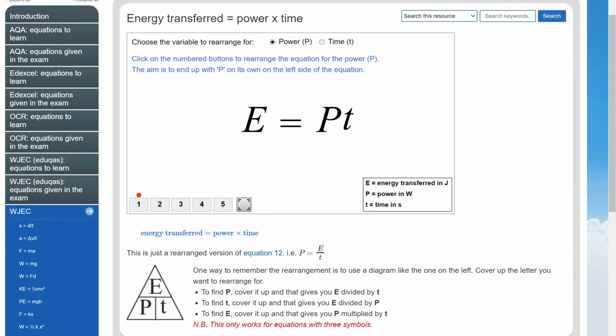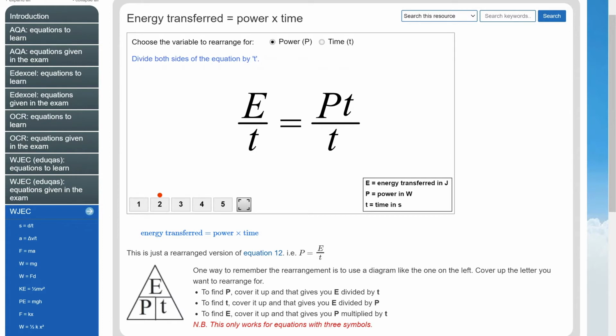Bottom left, you see that triangle method, and it says one way to remember the arrangement is to use a diagram like the one on the left, cover up the letter you want to rearrange, that's the one I just showed you, or use the algebraic method at the top, and you can click through the different stages, dividing by T, cancelling T out, and so on.